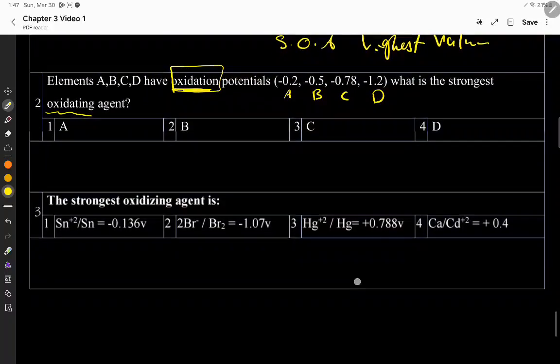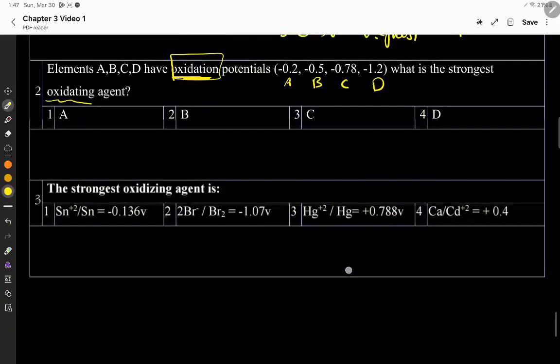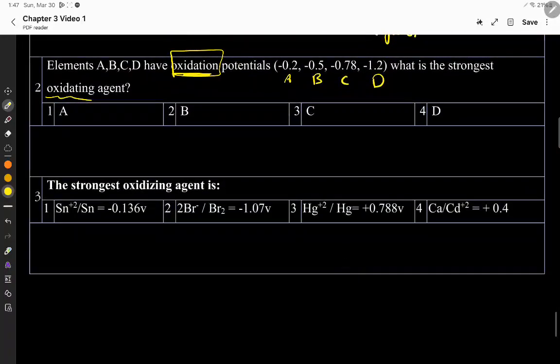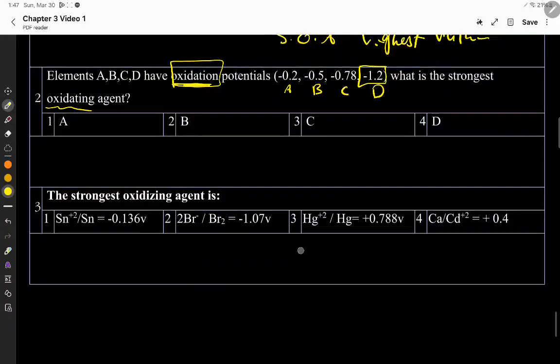So we are going to choose from here the element with the least value. The least value is in element D. So the strongest oxidizing agent has the oxidation potential negative 1.2, which is the least value.